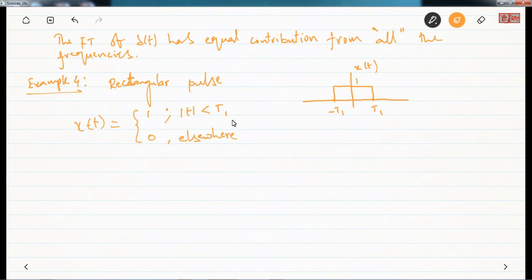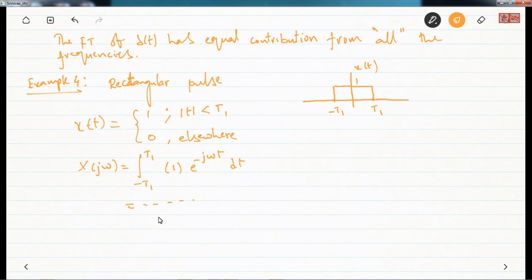So again, how do you find the Fourier transform? The Fourier transform is straightforward. X of j omega is equal to the integral from minus t1 to plus t1. See here, I need not write the integral limits from minus infinity to plus infinity, because x of t is non-zero only from minus t1 to plus t1. So this is equivalent to 1 multiplied by e power minus j omega t dt.